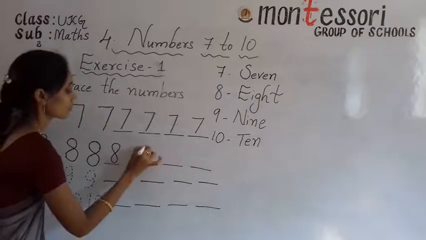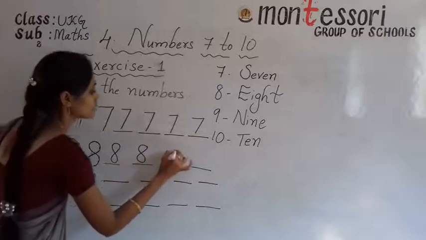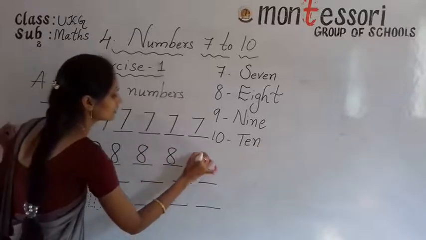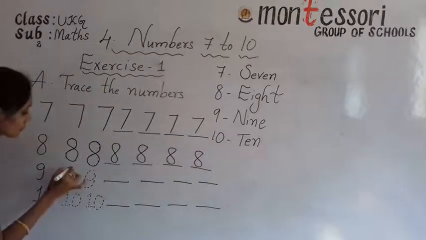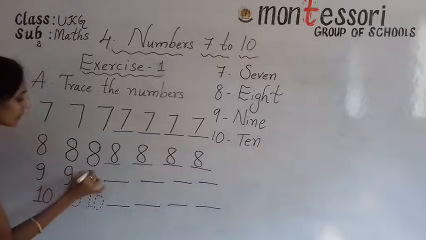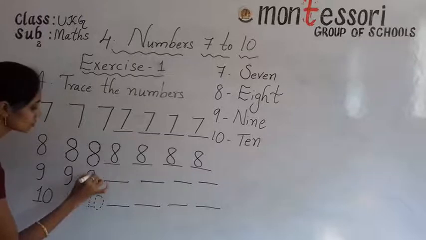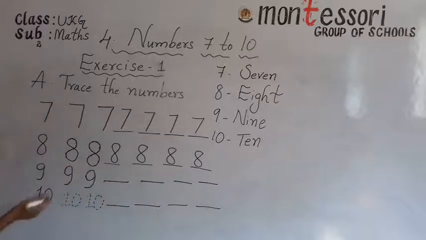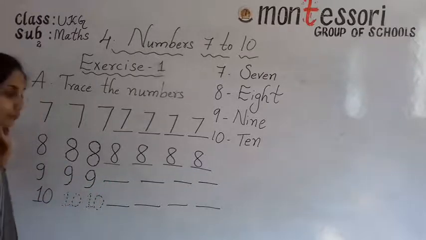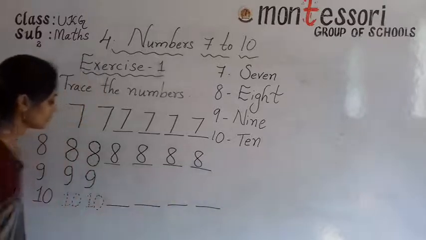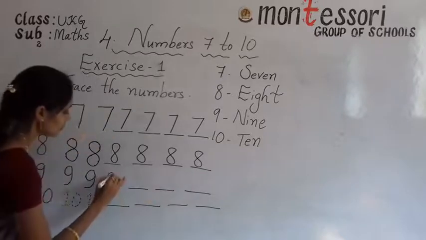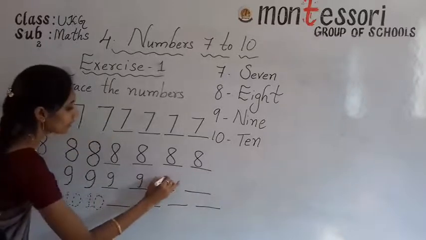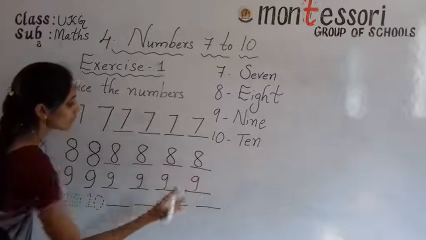8, 8, 8, 8. Next one, which number comes after 8? 9. You have to first trace on the dotted number, then write 9, 9, 9, 9.